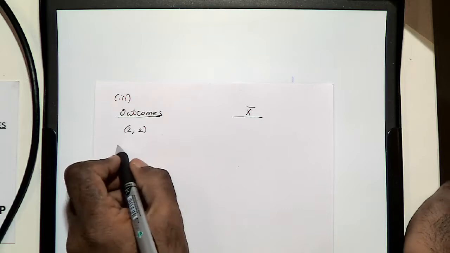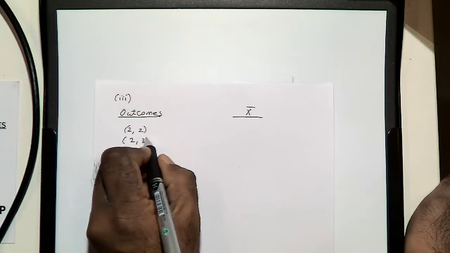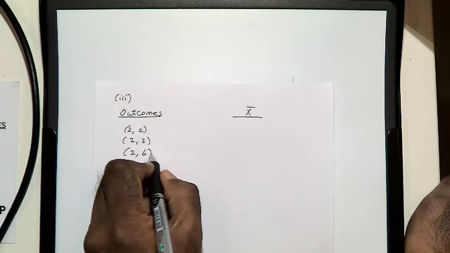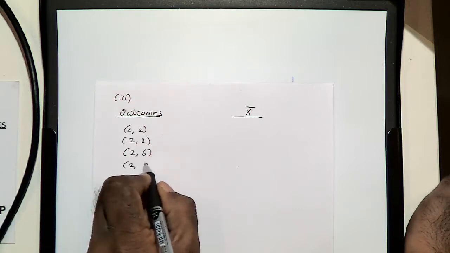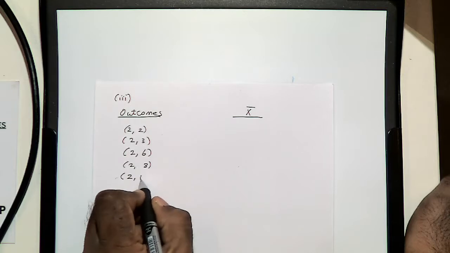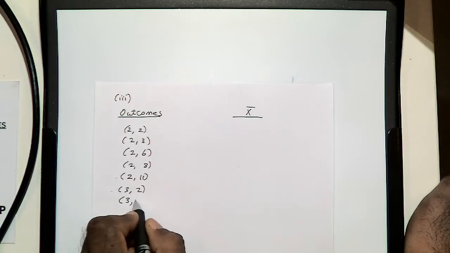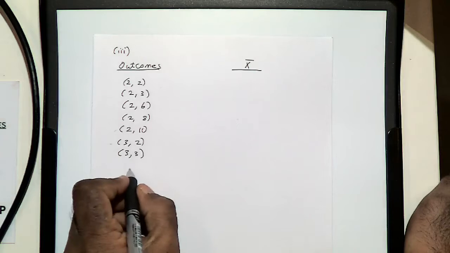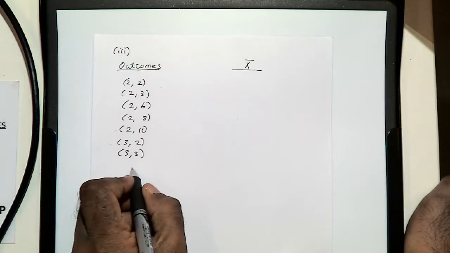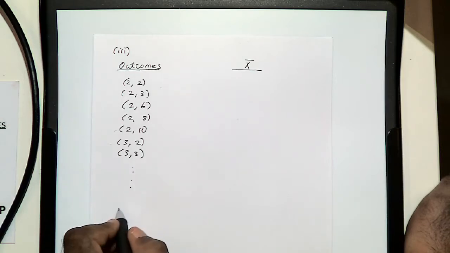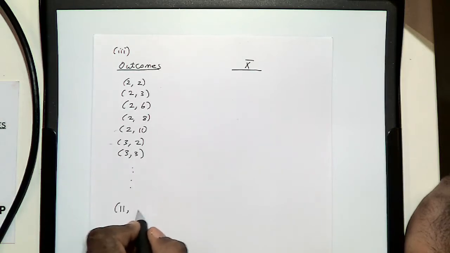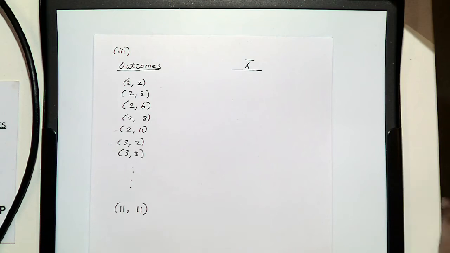Let me write down all of them: 2, 6, 2, 8, 2, 11, 3, 2, 3, 3, and so on. The last one will be 11, 11. So these are the possible outcomes that you can have when you draw with replacement.